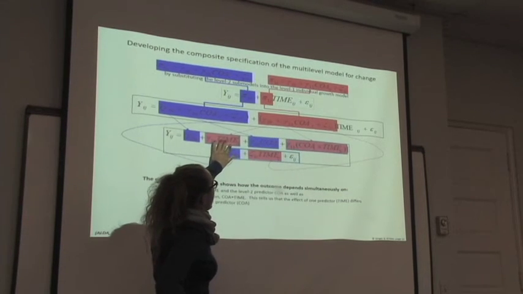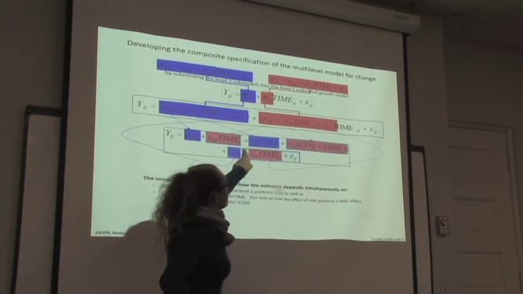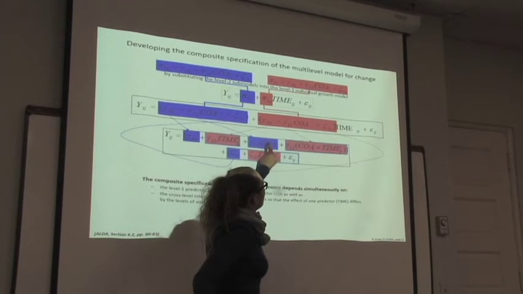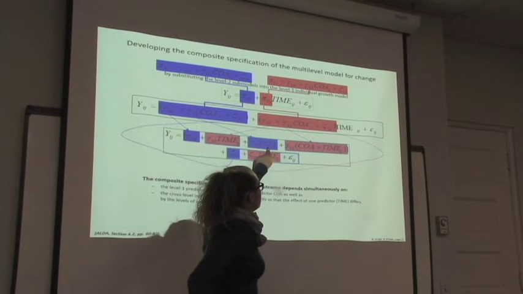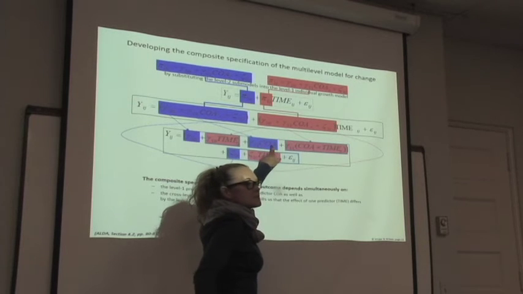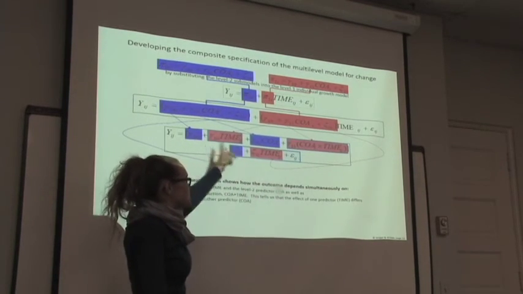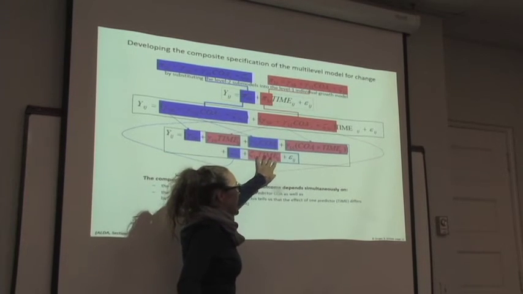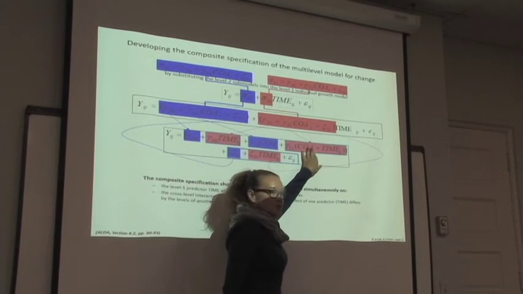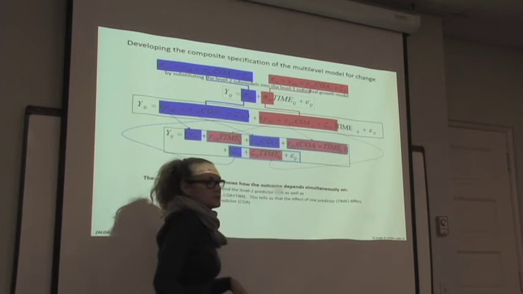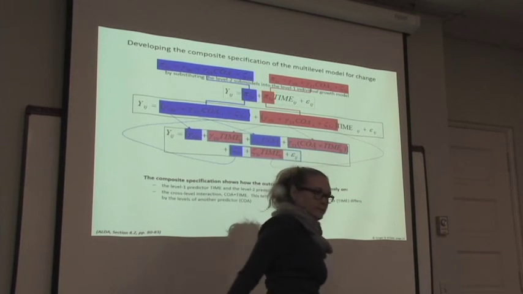Time is still age 11 to 15, but the categorical level 2 predictor here is COA, which stands for children of alcoholics. That gives us the cross-level interaction of within-person age by between-person children of alcoholics, whether or not you were one.